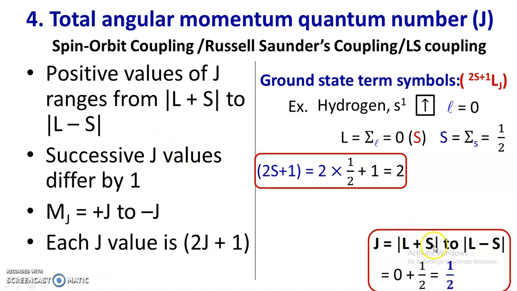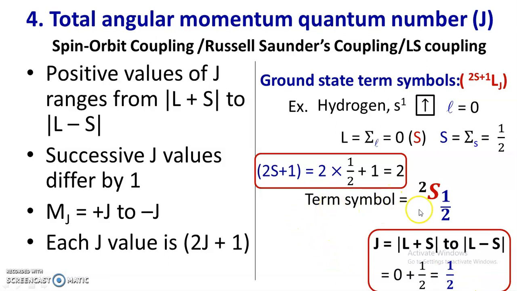Now the J values, as I said just now, are positive values and range from L plus S to L minus S. The value of L is 0 and the value of S is half. So L plus S is 0 plus half, that is half, and L minus S is 0 minus half, which has no significance, and therefore J will have only one value, that is J equal to half.